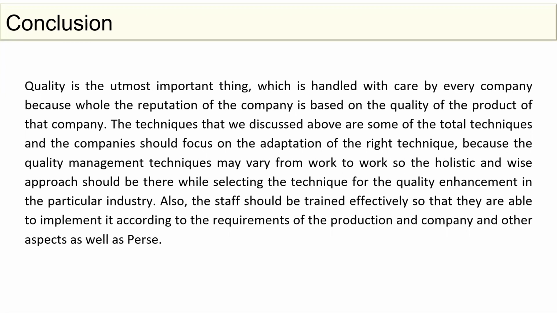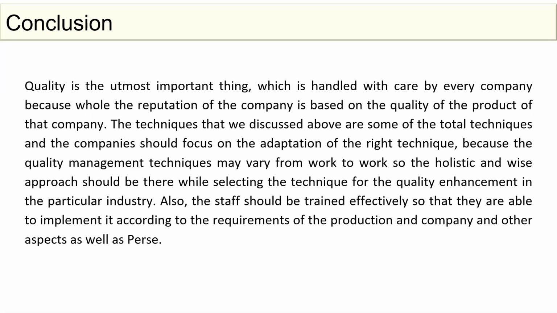The techniques that we discussed above are some of the total techniques, and the companies should focus on the adoption of the right technique because the quality management techniques may vary from work to work. So a holistic and wise approach should be there while selecting the technique for quality enhancement in the particular industry.